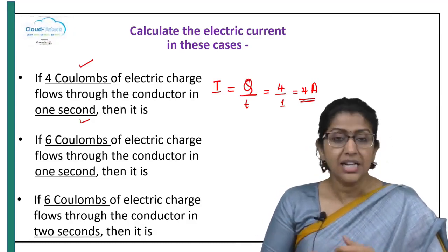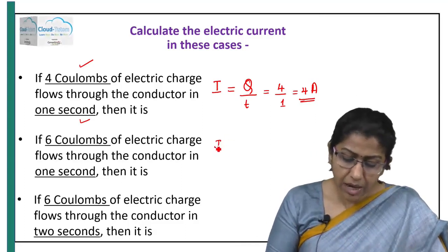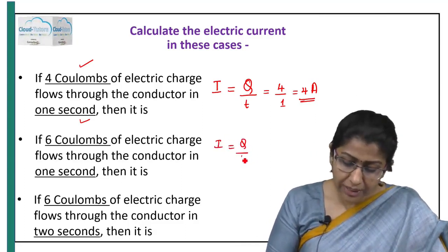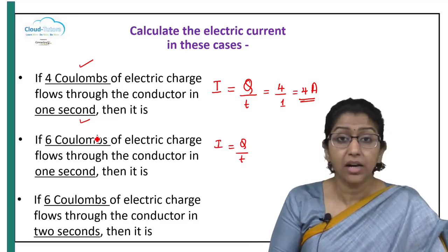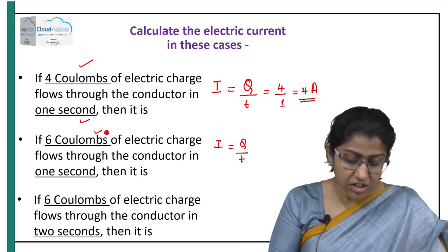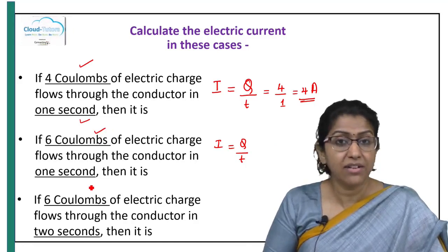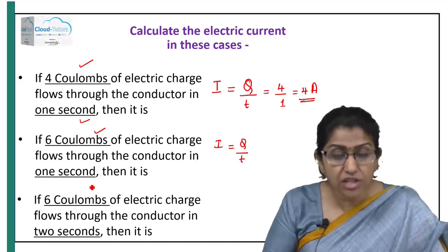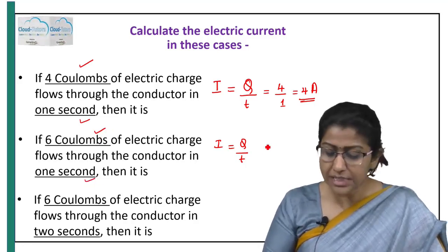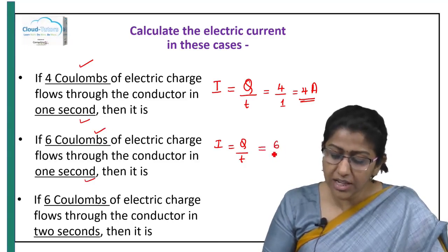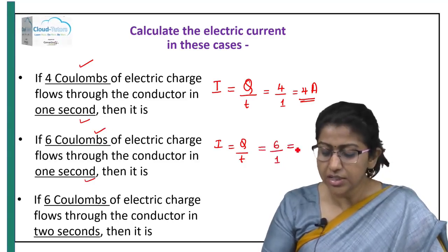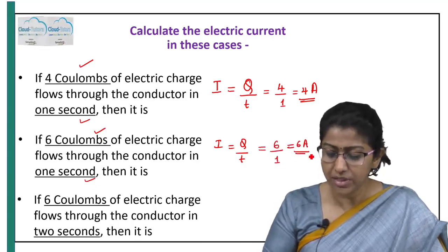The second one as such, again, I is equal to Q divided by T. What is the value of electric charge here? It is 6 coulombs, and the amount of time for which this charge flows through the conductor is again 1 second. So here is a very simple calculation and your answer is 6 amperes.